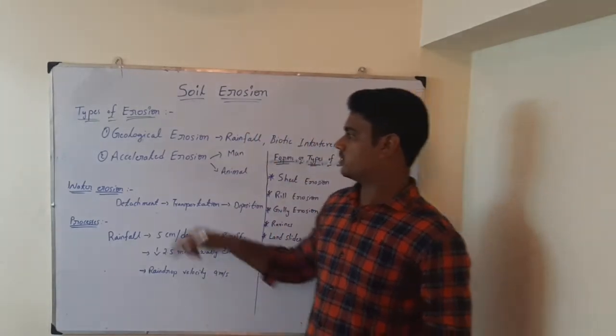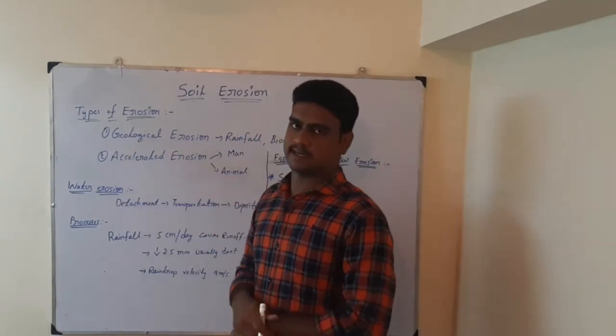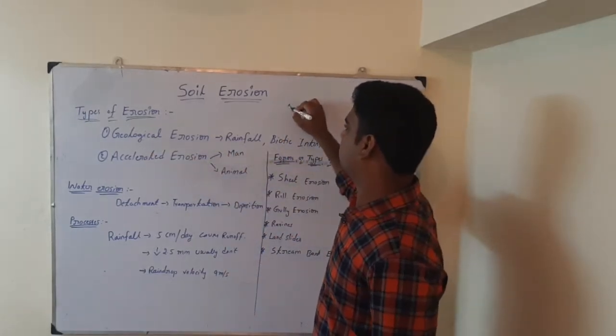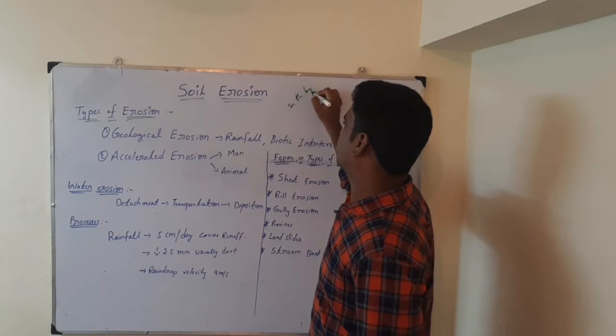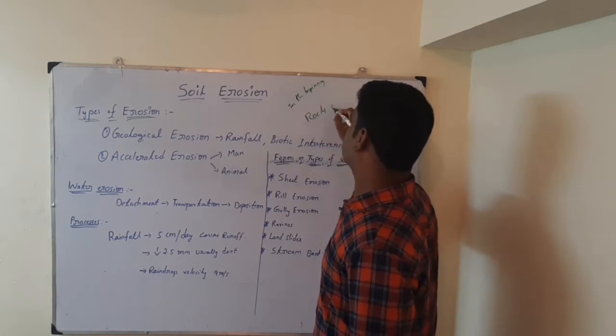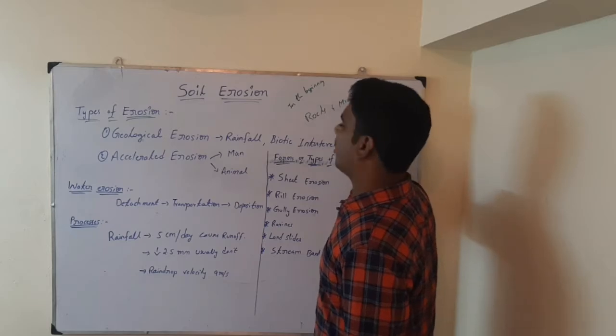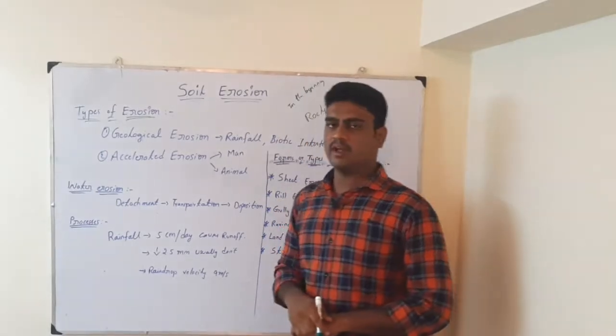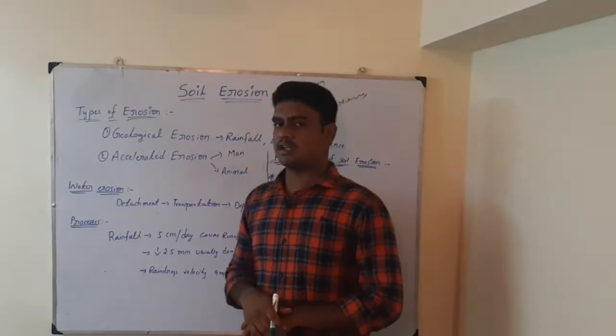If you look at the terms geological and accelerated: geological is nothing but the beginning. If you study the soil science topic called rocks and minerals, how rocks are formed and how soil gets formed from the rocks, that is nothing but geological erosion.